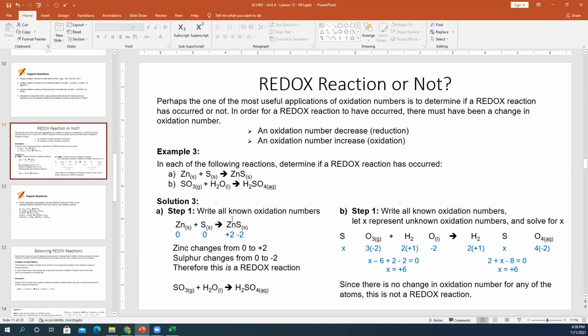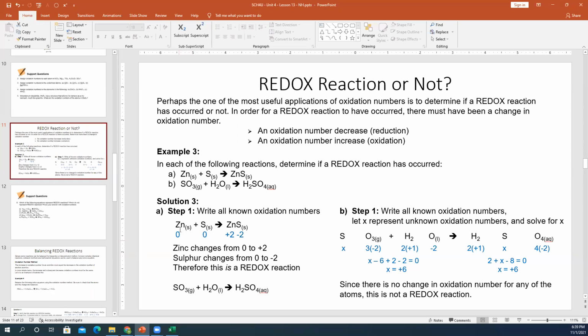Now in this zinc sulfide compound, zinc being a member of the group 2 elements, it is going to have a +2 charge. So it's going to be +2. And since overall this molecule is electrically neutral, the sulfur is going to have a -2 charge.